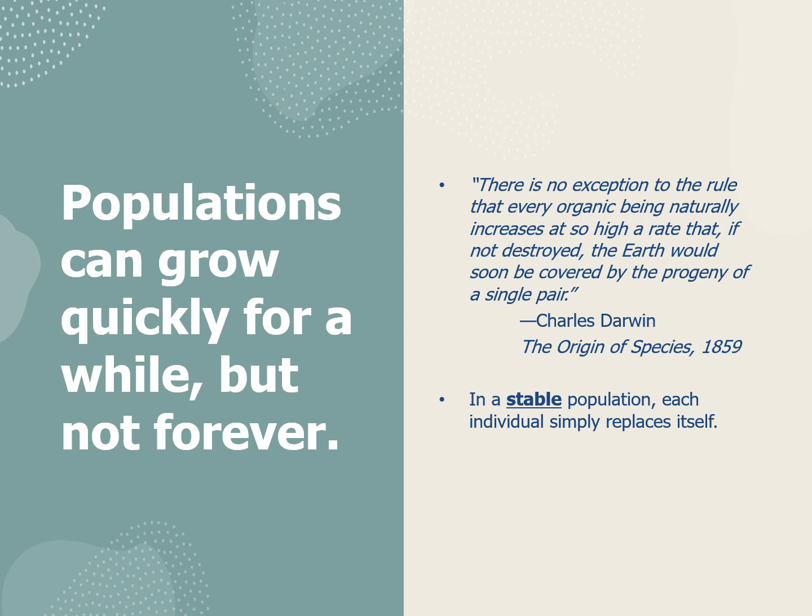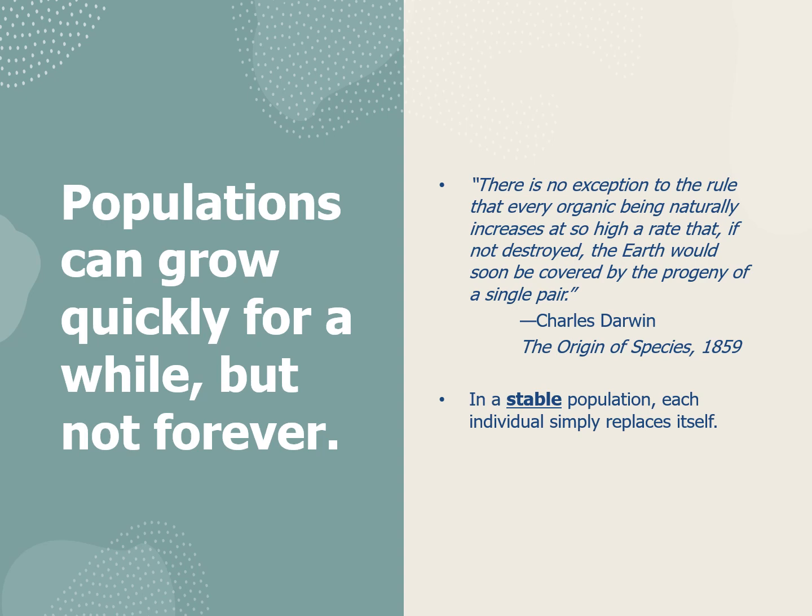If we have populations that do more than have stability, so individuals that are doing more than replacing themselves, having more than two offspring per pair, so maybe 3 to 10 offspring per pair.